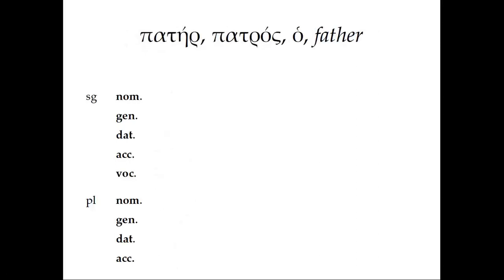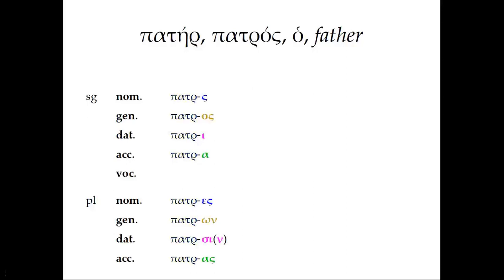Let's look at one other one, and the other 2, mētēr and thugatēr, mother and daughter, actually follow the same pattern. So let's look at patēr, patros, father. We're going to get our stem by dropping the os ending of the genitive singular and plugging it in to all of the different cases and number. And we're going to start with adding our normal endings, and then we'll go through the irregularities again one by one.